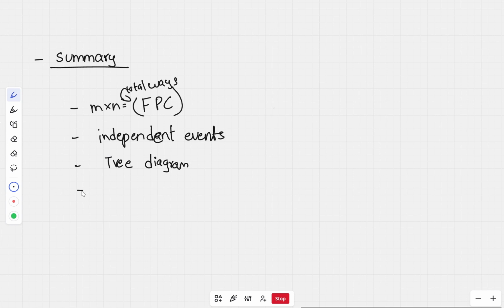Then we talked about factorials. Remember that I still need to explain why 0 factorial is equal to 1, which we'll talk about in our next video. So this is the topic remaining from factorials, but I've talked about factorials. And then we have seen basic permutation.